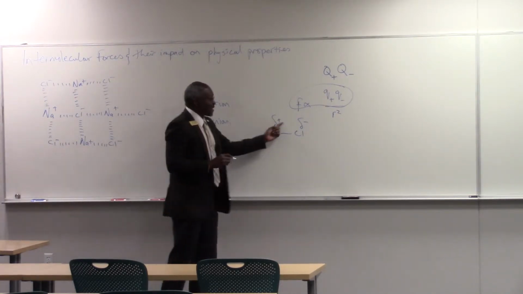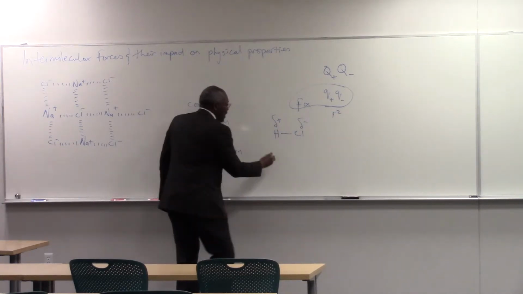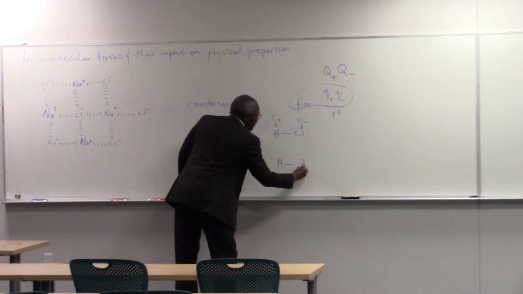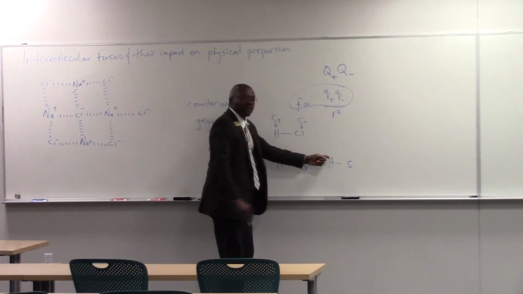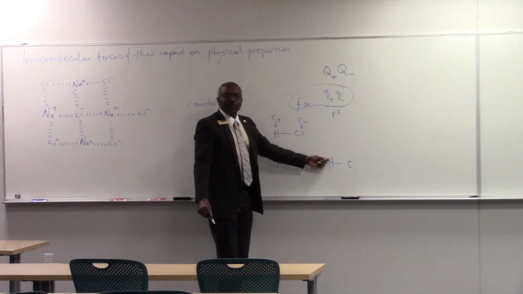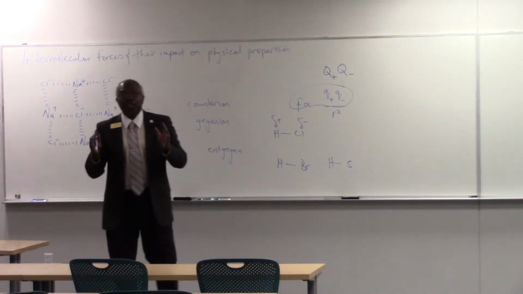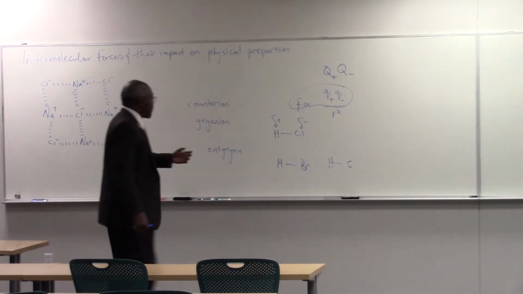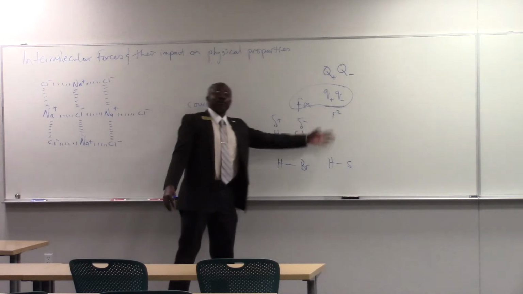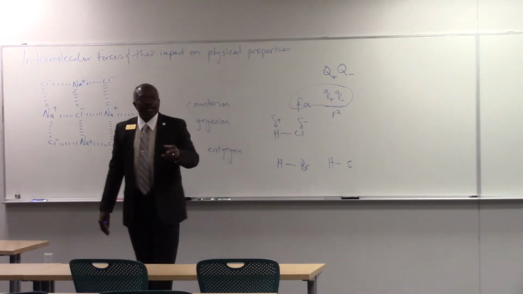And this delta is fairly large because chlorine is very electronegative. But if I were dealing with, say, HBr or HS, this is an even smaller delta value. So on the grand scheme of things, particularly when it comes to charges, 1 is a big number. It's much bigger than 0.01 or 0.05 or whatever. So 1 is a big number.